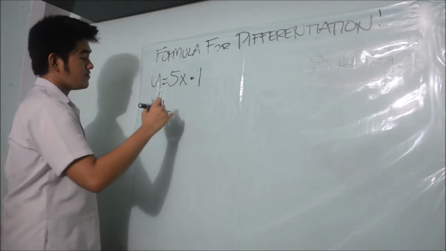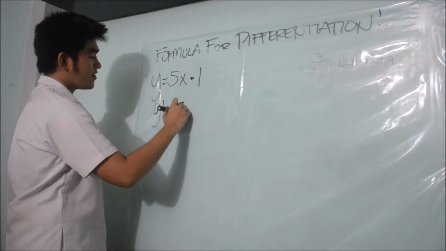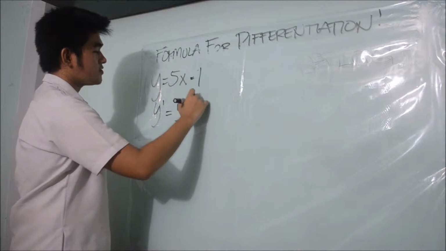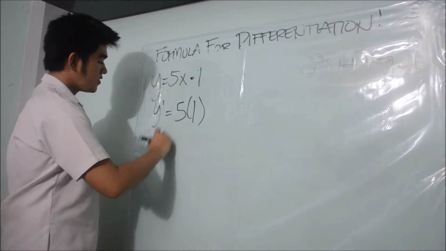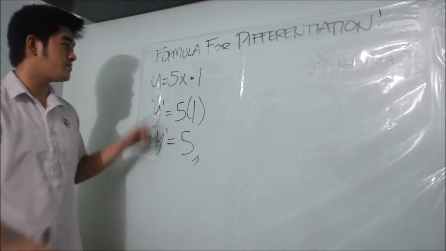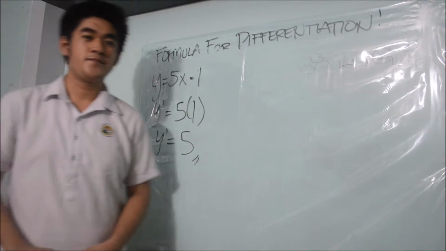So we will take down 5, the constant, and multiply it to the derivative of x, which is 1. So we get the answer as 5. The derivative of this equation is 5.